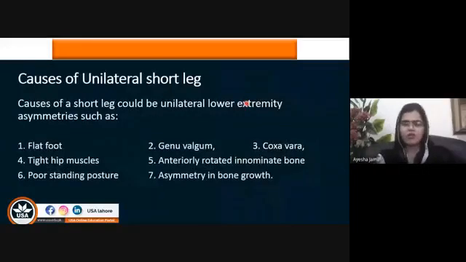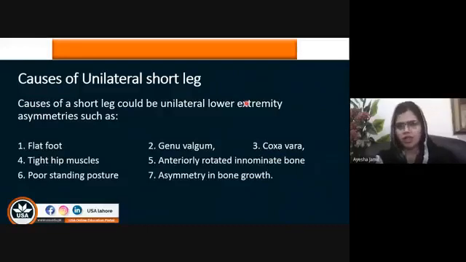What are the causes of unilateral short leg? We have discussed that if the length of one leg is short and the length of the other leg is long, what are the causes behind that? Why is there leg length discrepancy? If an individual has a flat foot, genu valgum, coxa vara, tight hip muscles, obviously the adductors or abductors, or an anteriorly rotated hip bone, poor standing posture, or asymmetrical growth in the leg, either the femur or the tibia.